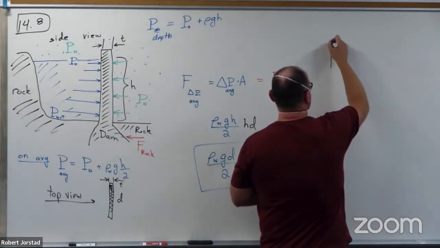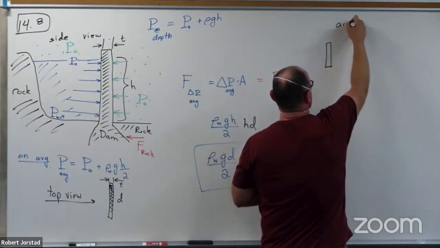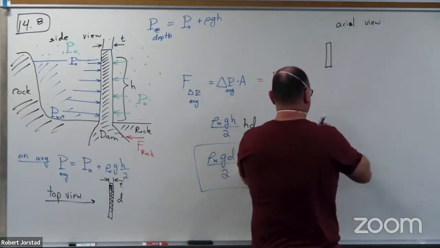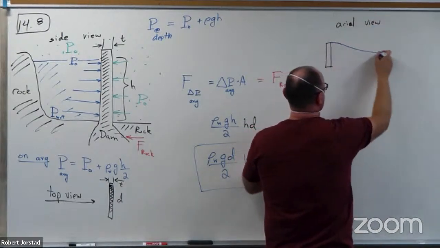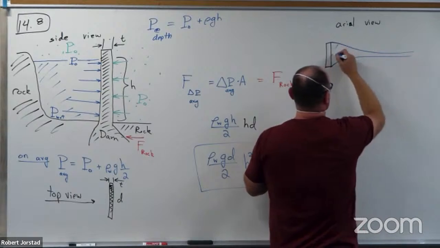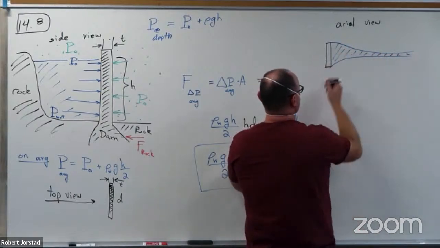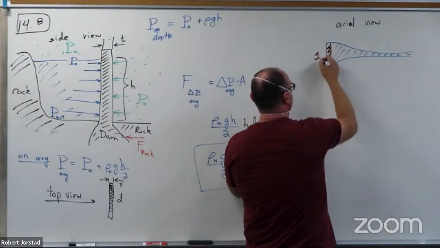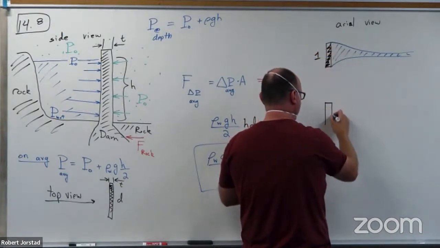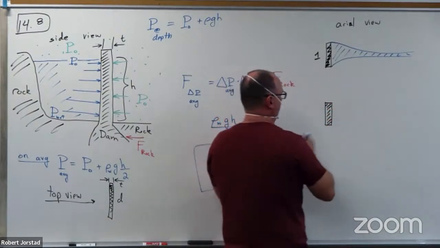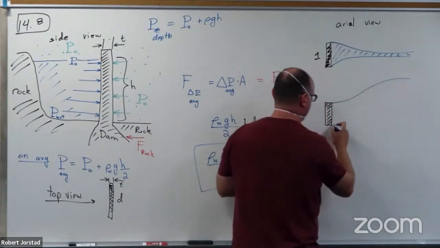Imagine you have two dams from an aerial view. Let's say one of these is holding back a skinny lake in a river. This is dam 1. Here's dam 2. This one is holding back a massive lake.